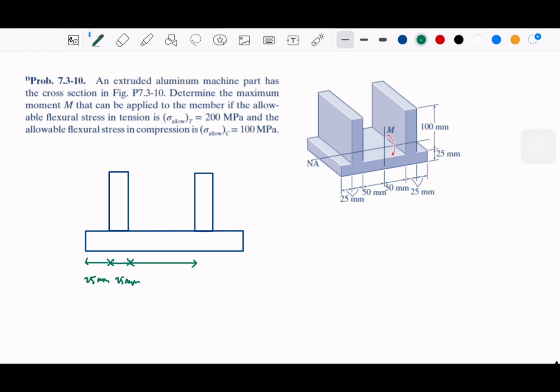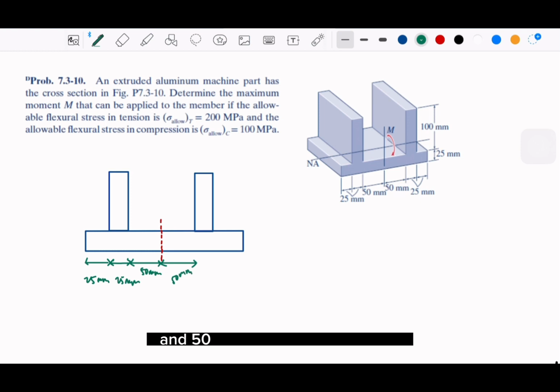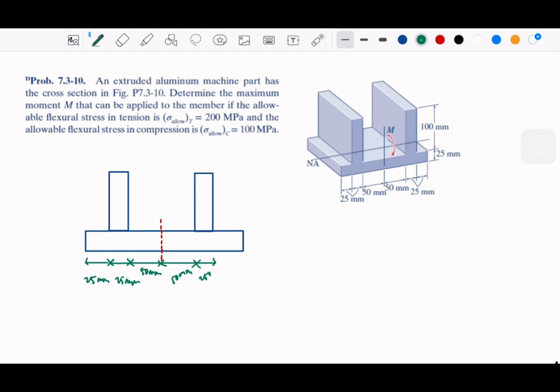This one is 50 and 50, so we have a side like that, 50 and 50, and then another 25 here. Let me make it more proportional. So this is another 25, and this will be 25, and this will be 100.